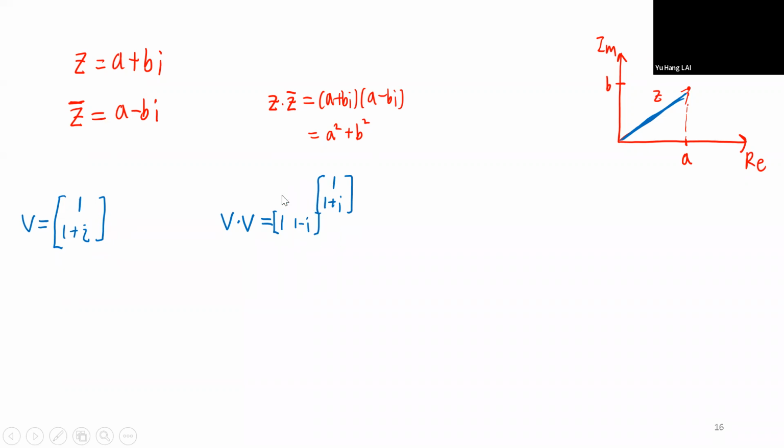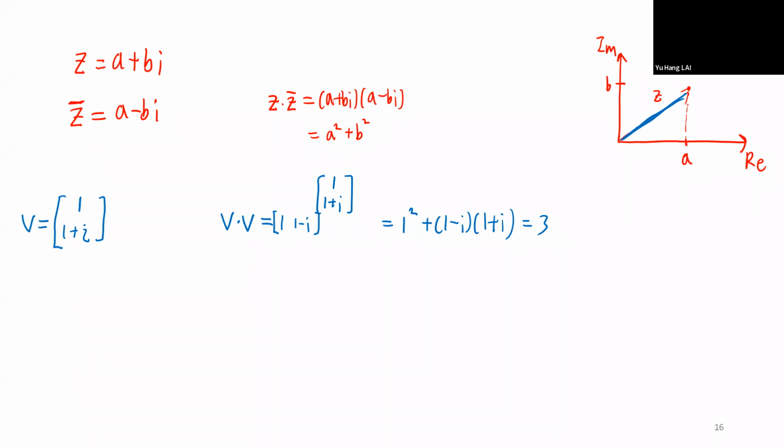If you go ahead and do this product, you find 1 squared plus 1 minus i times 1 plus i, and 1 minus i times 1 plus i is 2. So at the end, you have 1 plus 2, which is 3. This is how you take the dot product for a complex vector.